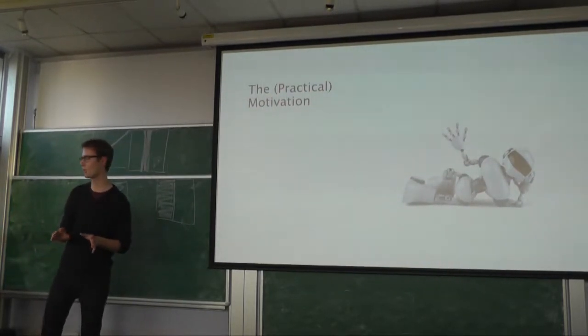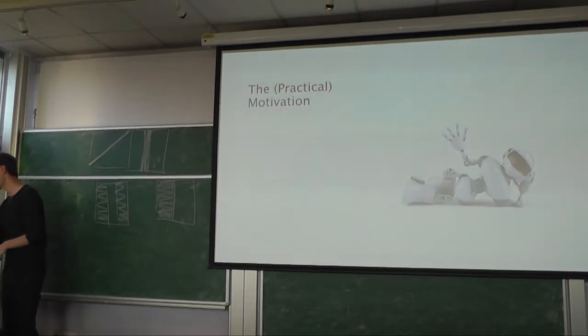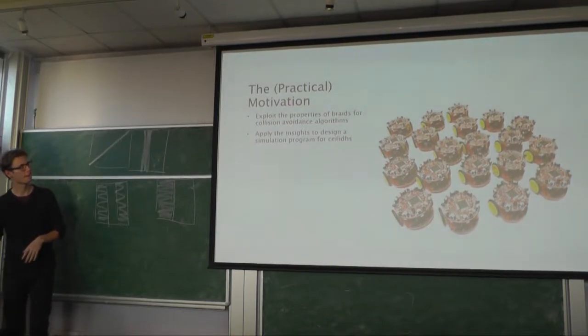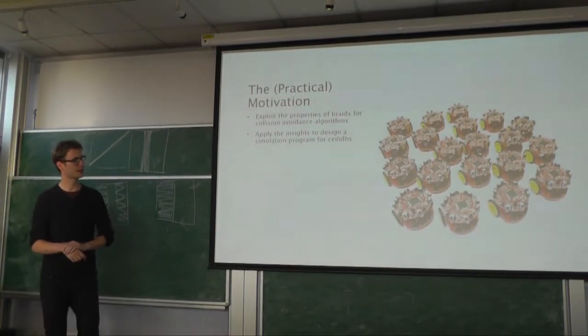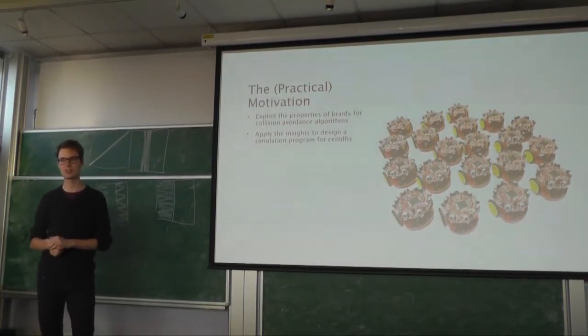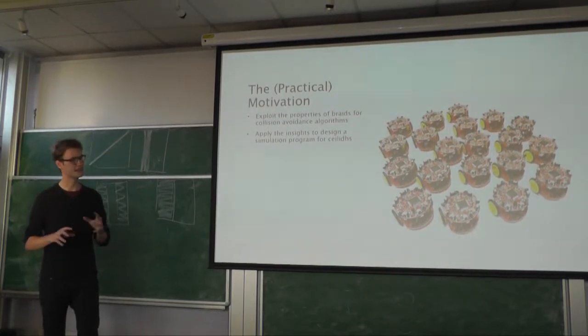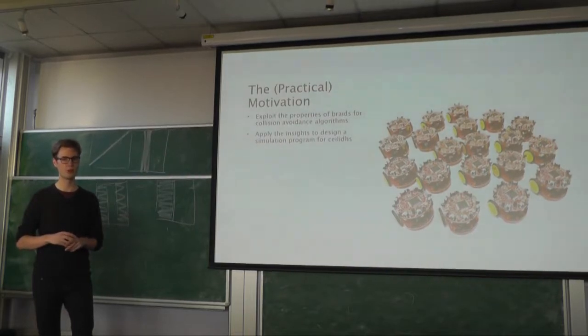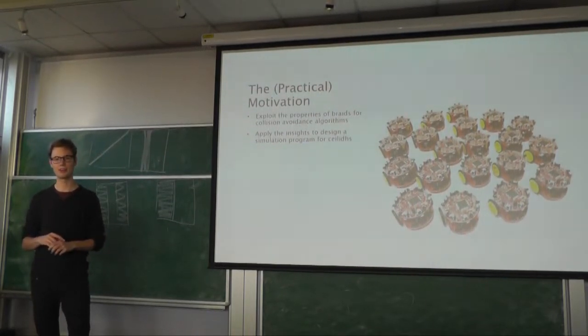I'll make that idea more precise. We're not talking about this kind of robots, but more these robots. In the frame of this project, the insights gained from analysing Cayleys through braids were implemented, or were tried to be implemented, in a simulation program.